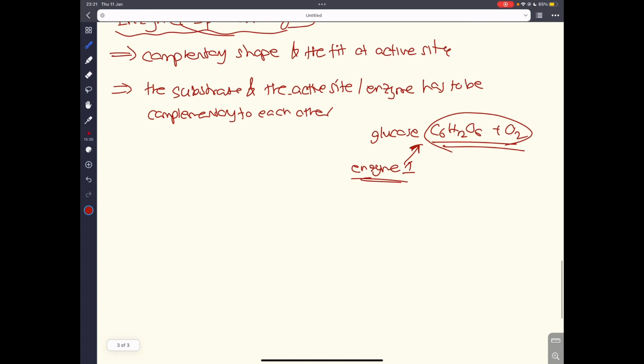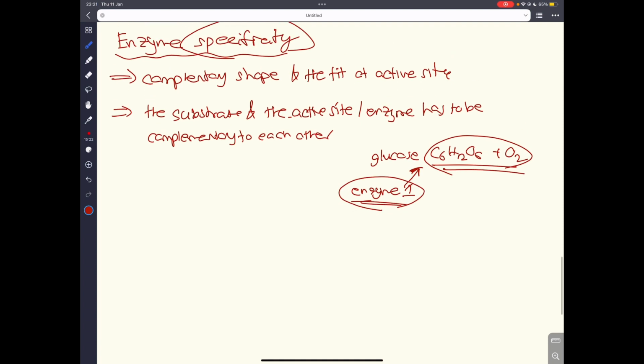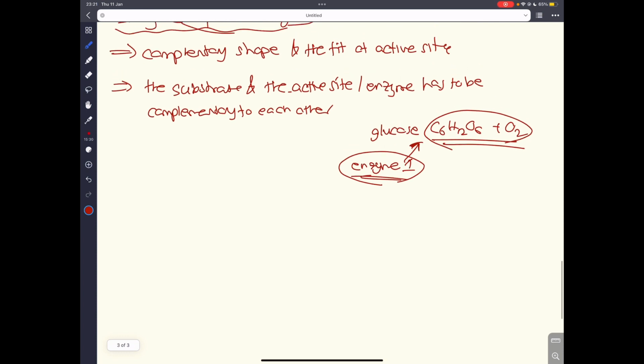So there is specificity. We can see that the enzyme is showing specificity. And this is actually called the lock and key model. Always try to include this in your answers as well.